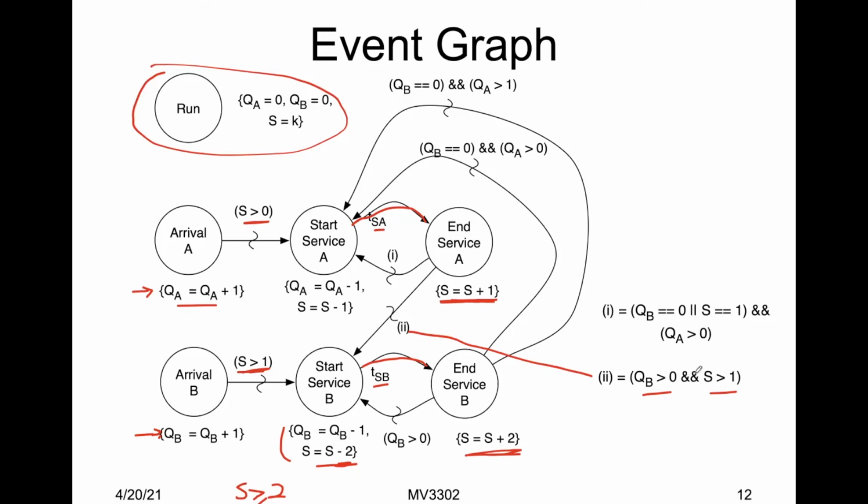The question before, on the previous event graph, was, don't we need to check to make sure that there's an available server? And the answer was, we didn't, because we knew there was one. But here we need at least two. Just because I've increased it by one, I don't know if there's another one. But if there is another one, then I do want to schedule that.